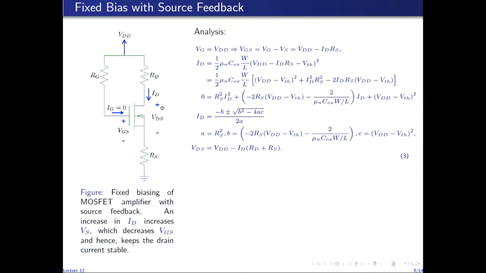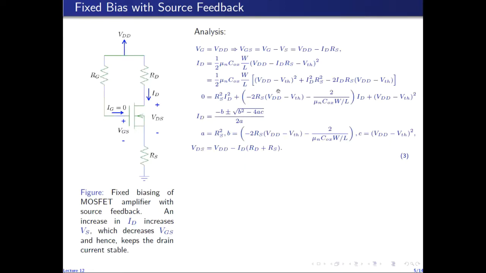So you can see that we can qualitatively analyze that this circuit has much better stability against variations in the parameters of the device. If, because of the variations in the parameters of the device, ID increases, then from this relation you can see that VGS will decrease. Because IDRS will increase, source voltage will increase, and since gate voltage is fixed at VDD, VGS will decrease.